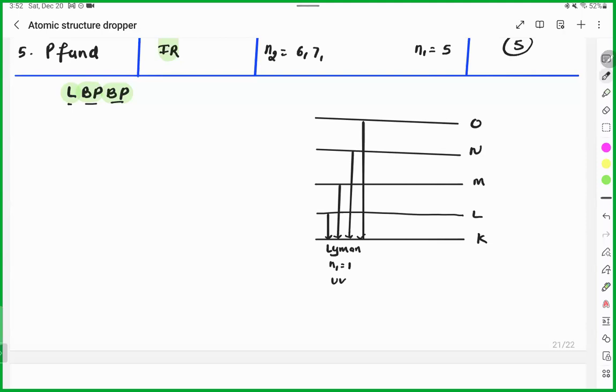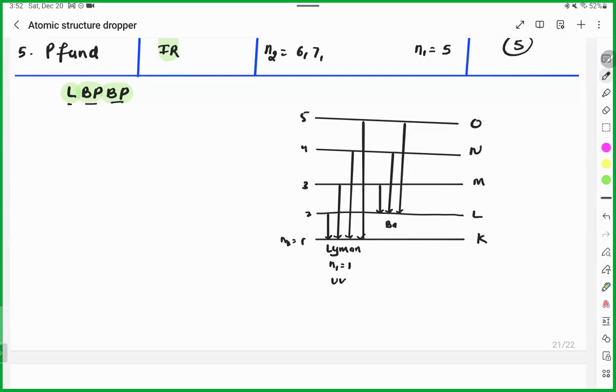Same way, if you compare in the visible region, the n2 value, this is 1, 2, 3, 4, 5 number of shells. If you see the Balmer series, all the electrons will land in the second shell, whether it is from third or fourth or fifth, like this, right?